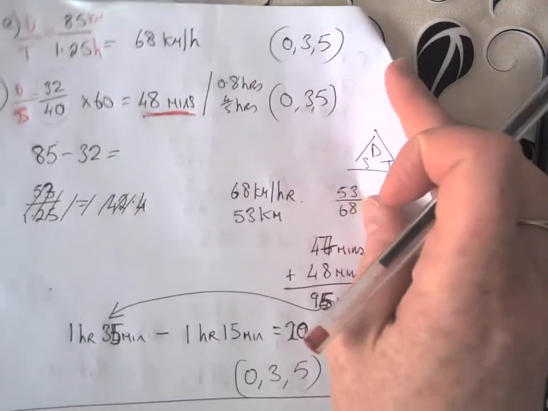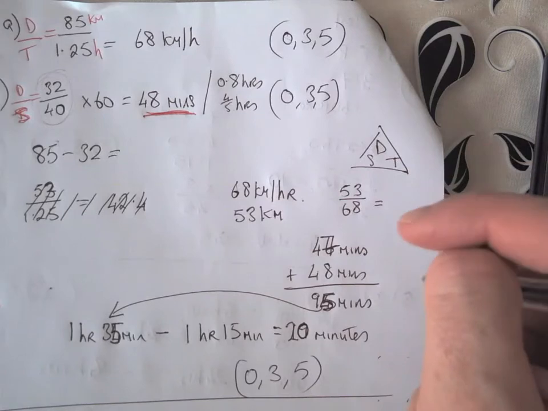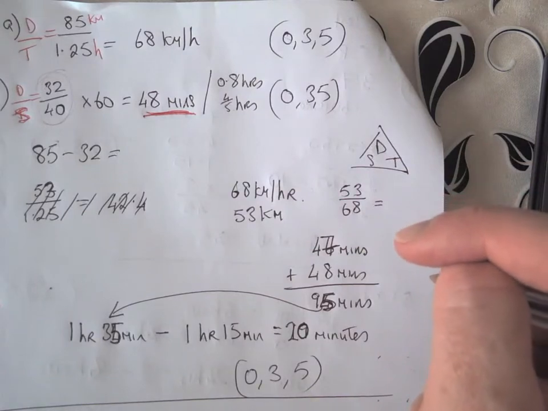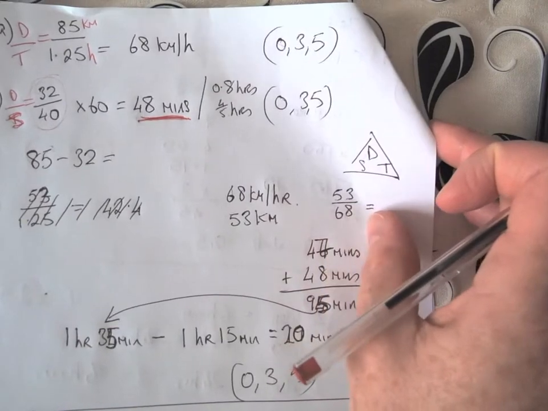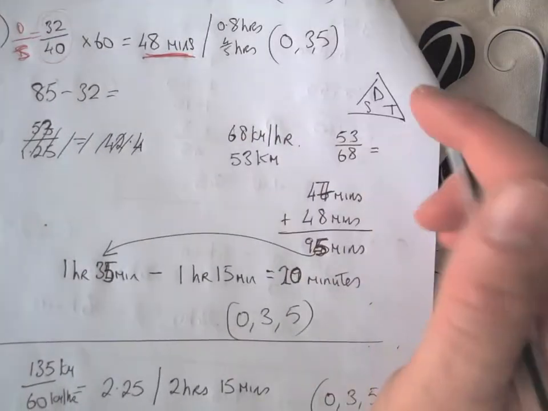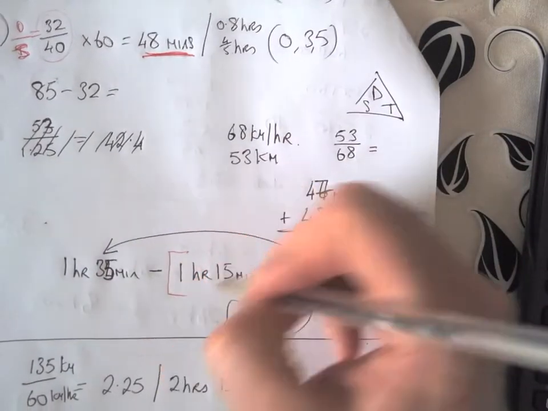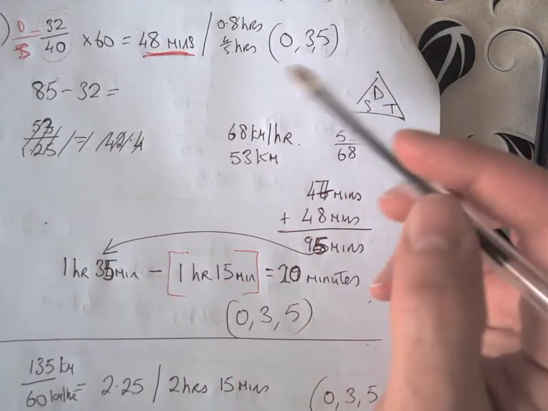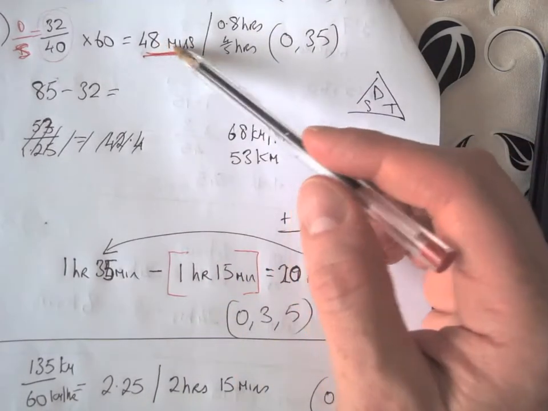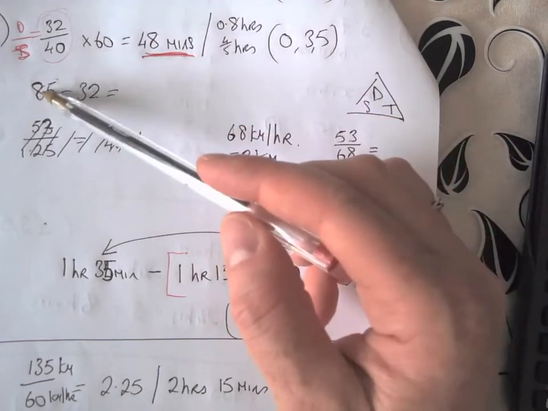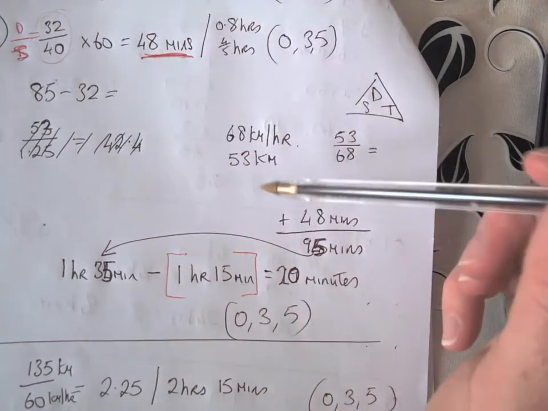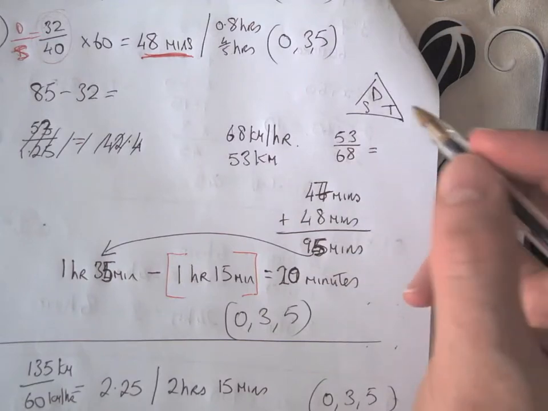Okay, so the first part, his normal journey is 1 hour 15. The first part of his journey took 48 minutes. Then the remainder, 85 take away 32 leaves you with what's left over, which is 53.